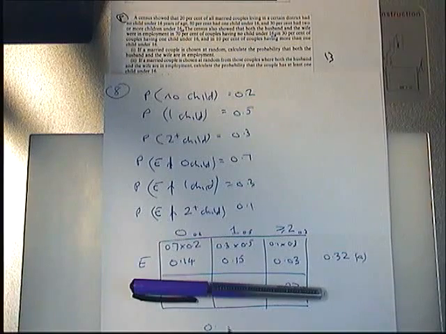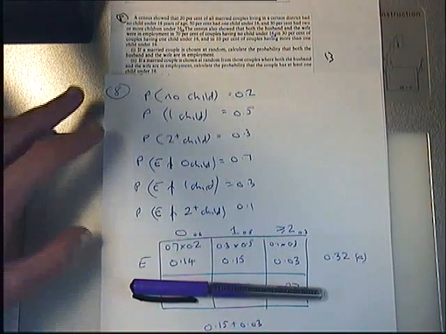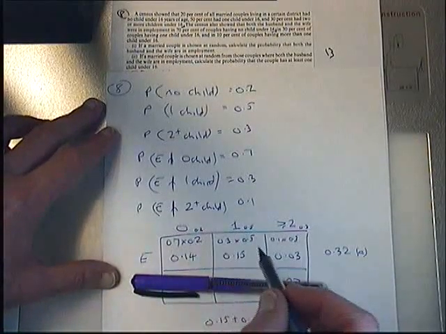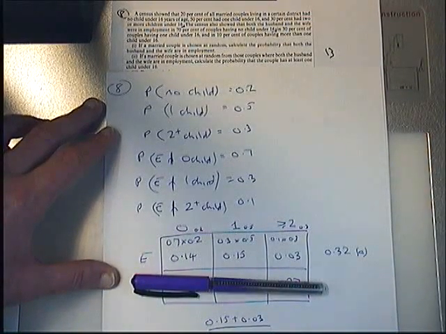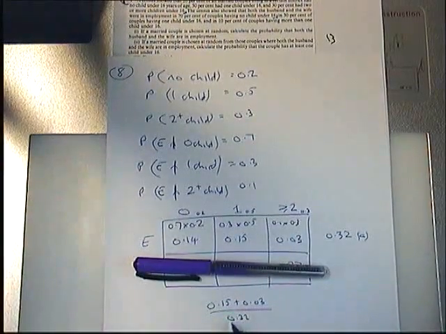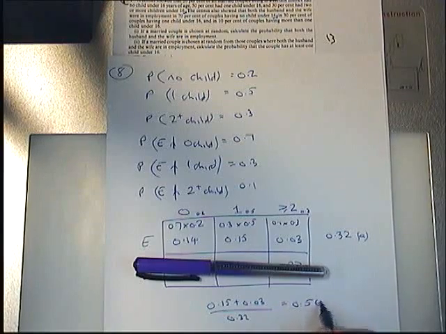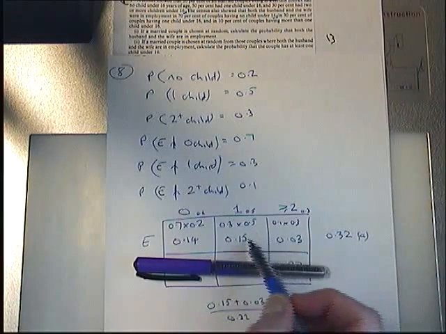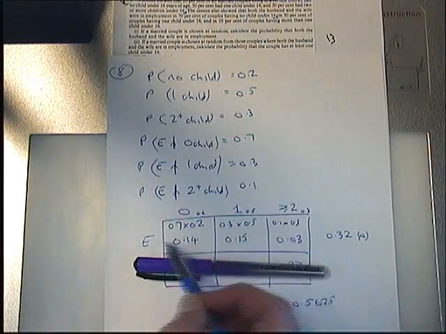That's 0.15 or 0.03 out of all the couples we're looking at, which is 0.32. If you work that out, you get an answer of 0.5625, and that is the answer for that one. It was those two bits there out of the entire row.